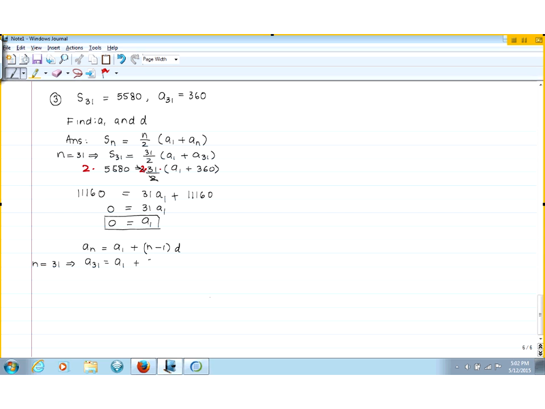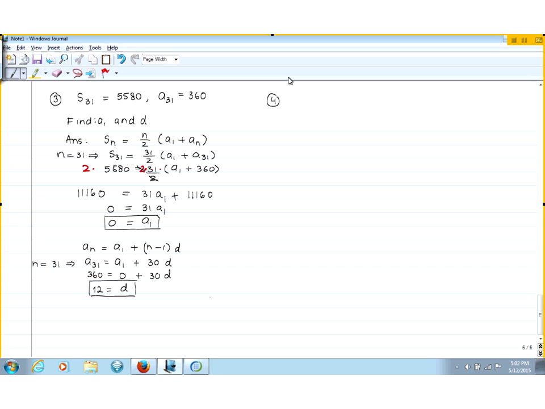So A of 31 is equal to A1 plus 30d. Now let's substitute the value. A of 31, we know it's 360, is equal to 0 plus 30d. So d is equal to 12. Alright, so that's it.